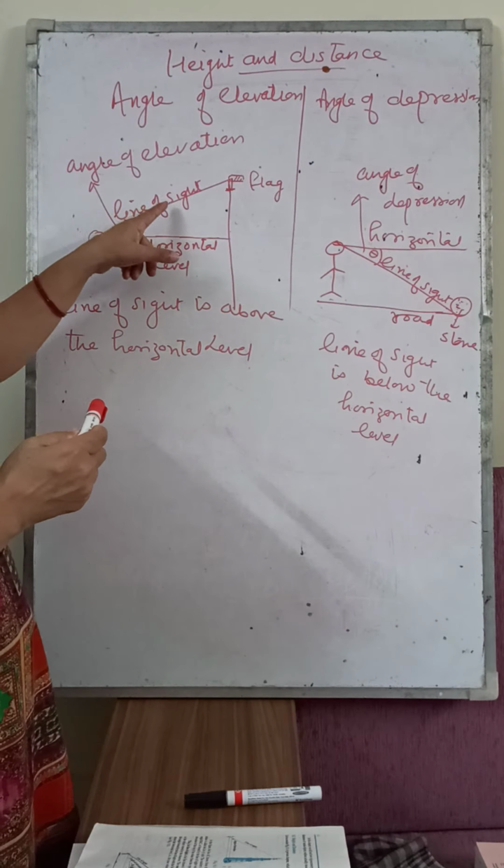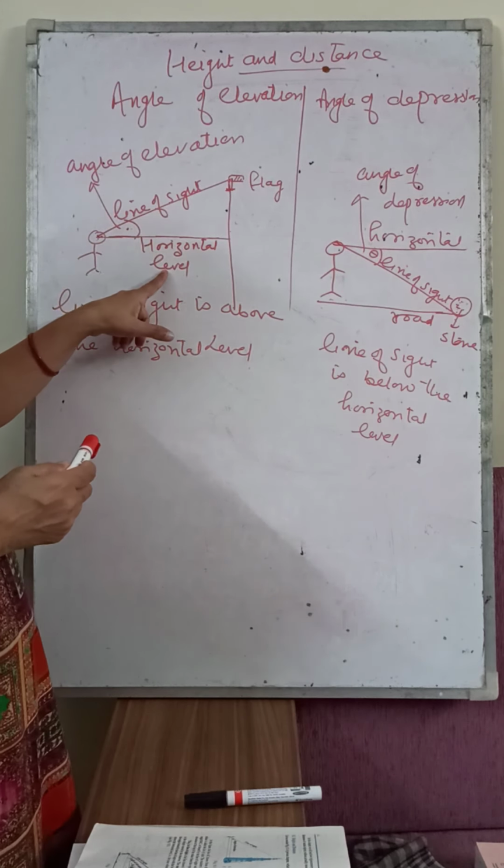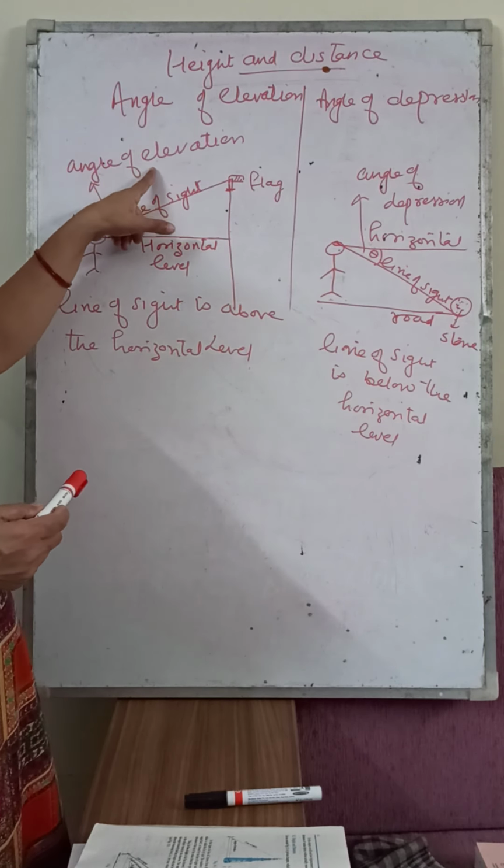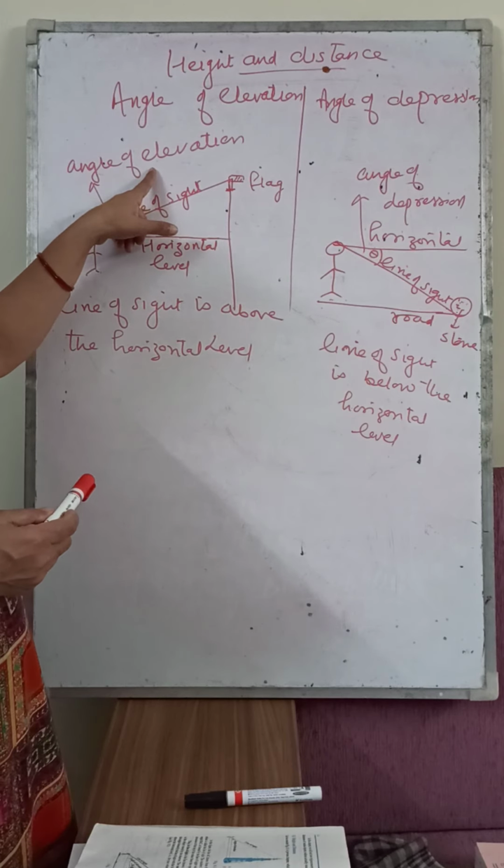When your line of sight is above the horizontal level, then the angle formed is called the angle of elevation, right?